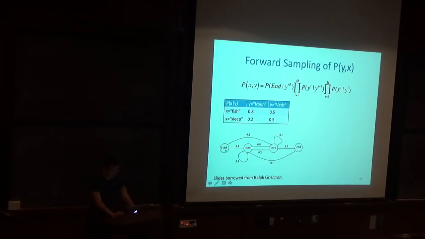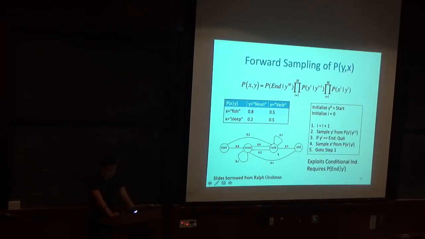So you start with the start state, which is y0. Then you have the initial probability of the first part of speech tag being either noun or verb. Then you sample y_i from P of y_i given y_{i-1}. If we end up at the end state, we quit.